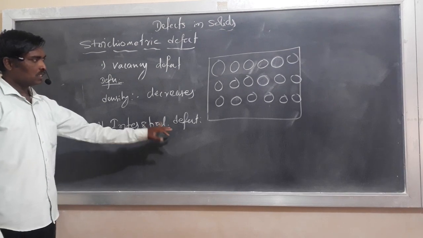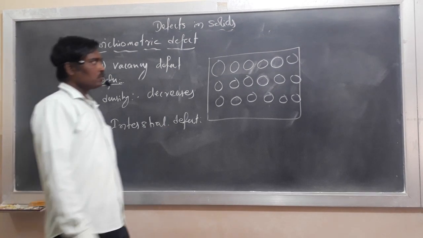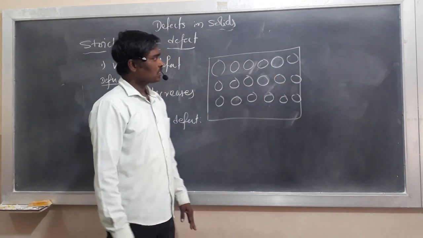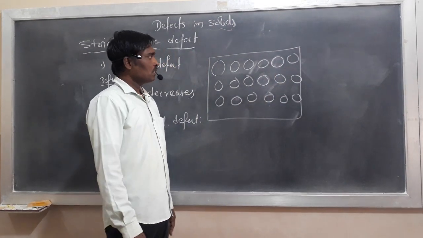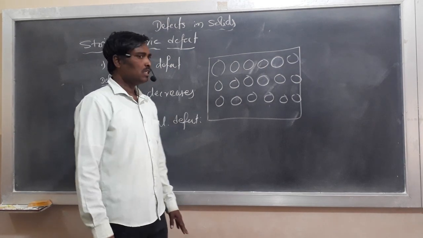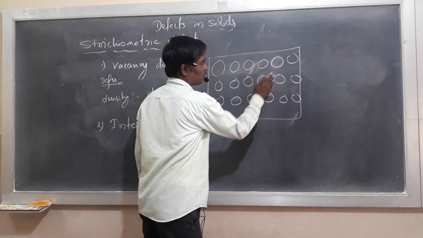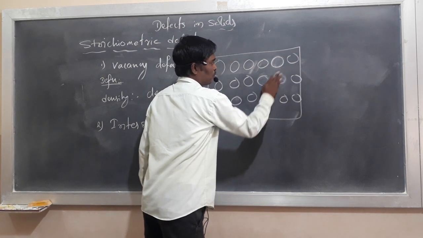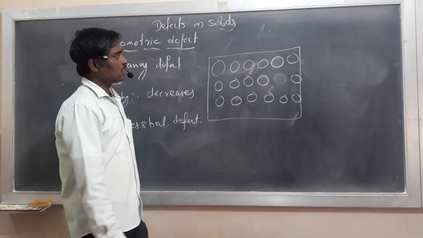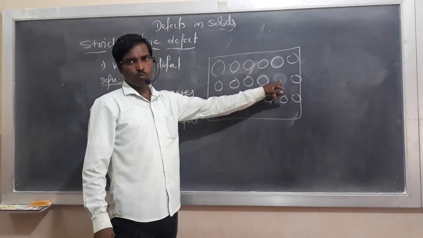What happens in interstitial defects is that some of these atoms are not present at the regular lattice points. Instead, they occupy some interstitial site. For example, this atom is not present at its regular position.